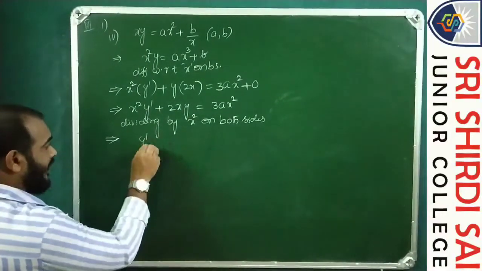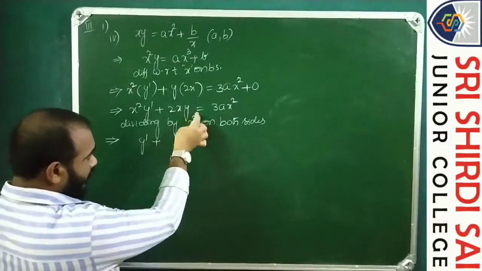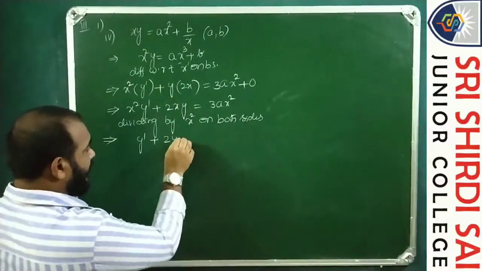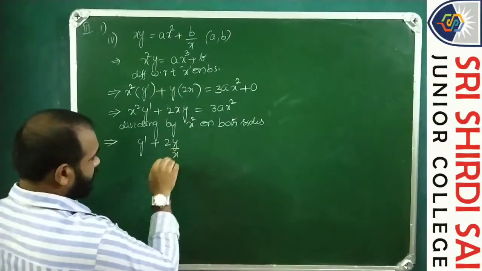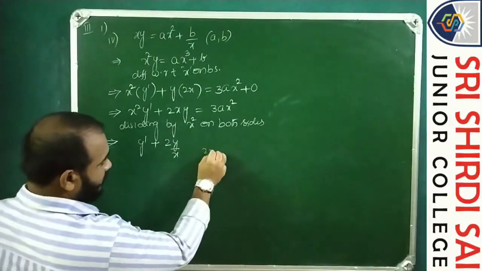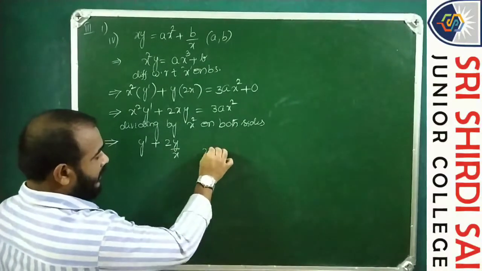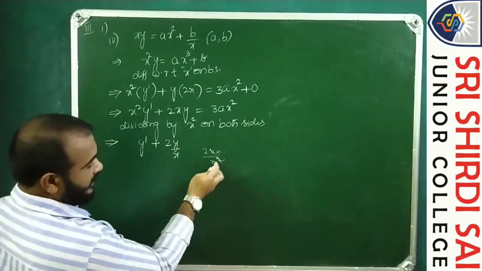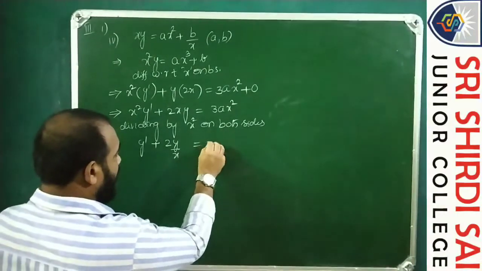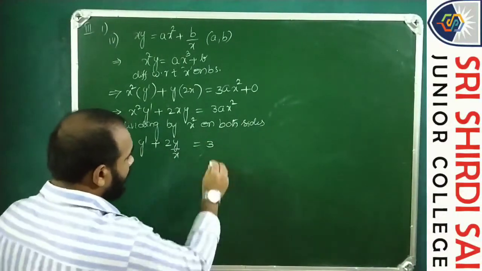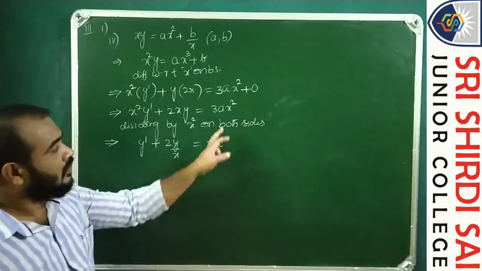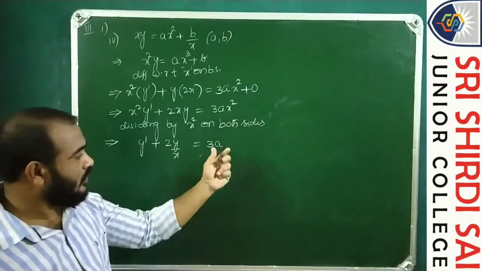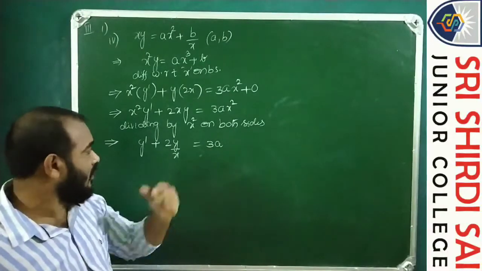We are left with y dash plus 2xy by x square, this is 2y by x, because in 2xy by x square, x gets cancelled, 2y by x. This is equal to 3a. Dividing by x square, it gets cancelled, we are left with 3a.